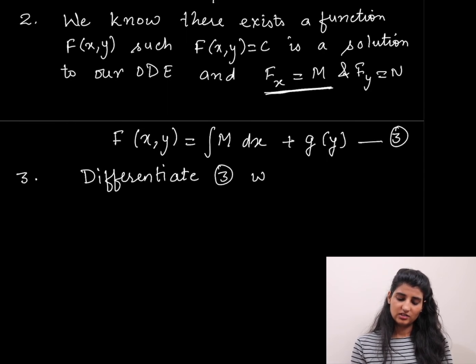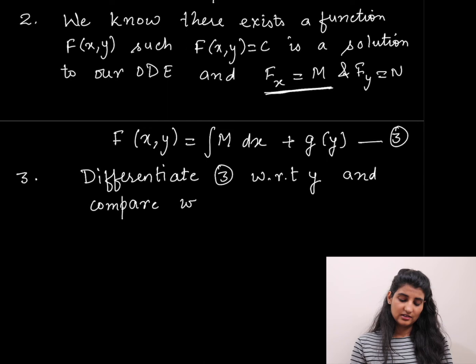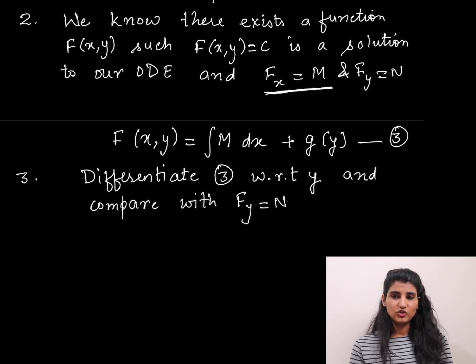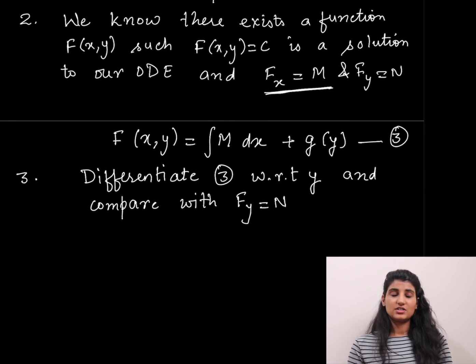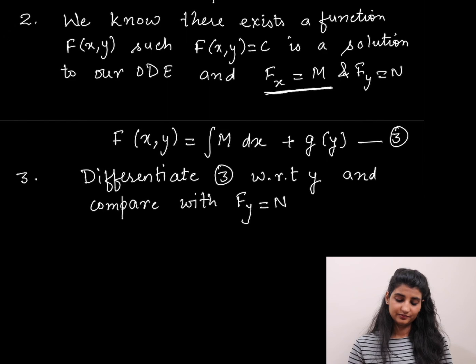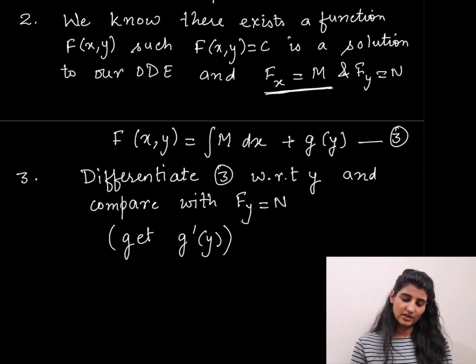Differentiate equation 3 with respect to y and compare with N. So from equation number 3 you will get f_y, and we know f_y is equal to N, and from this step you will get g prime(y).